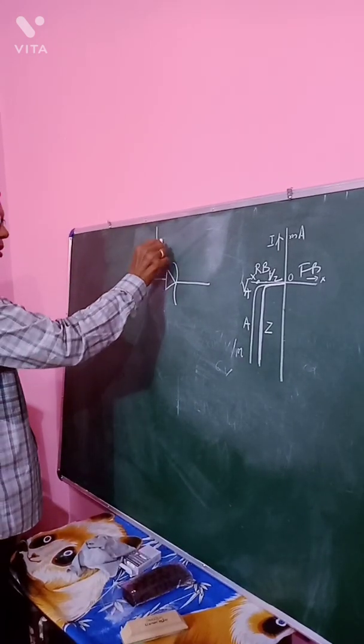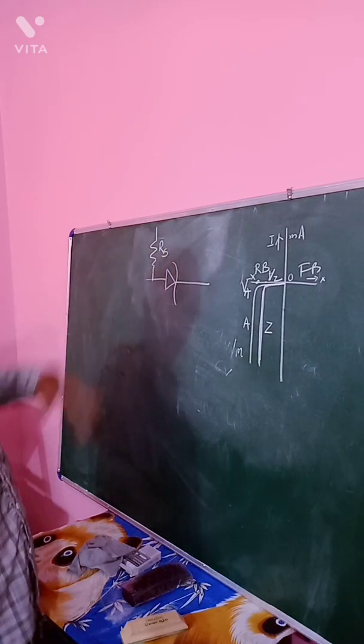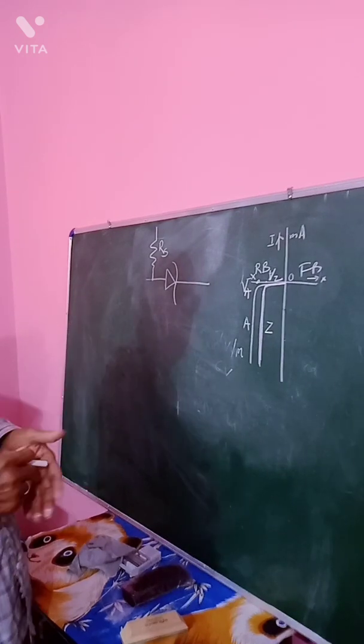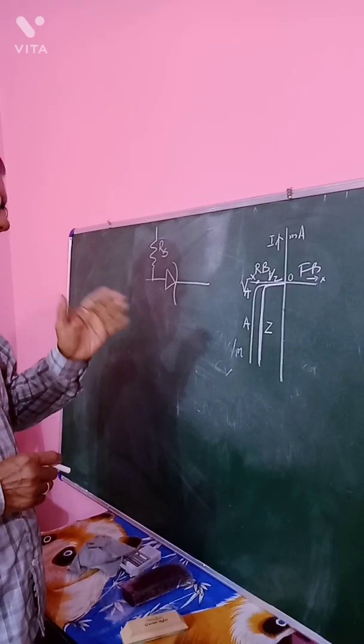This is a series resistor. If you connect a series resistor with the Zener diode, that can regulate the current so that the Zener diode is not damaged.